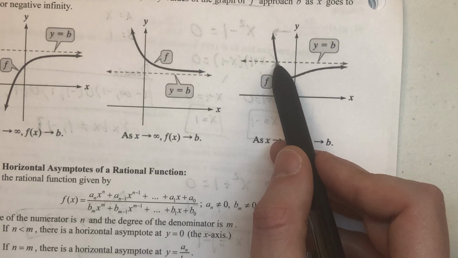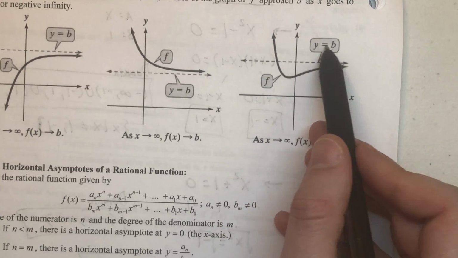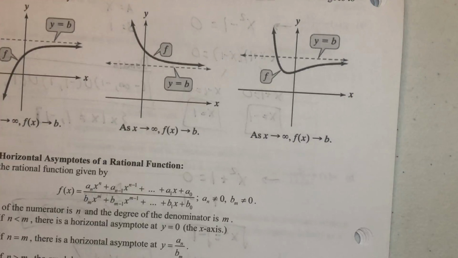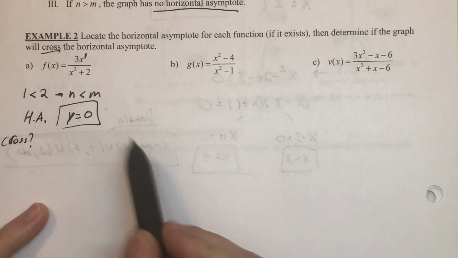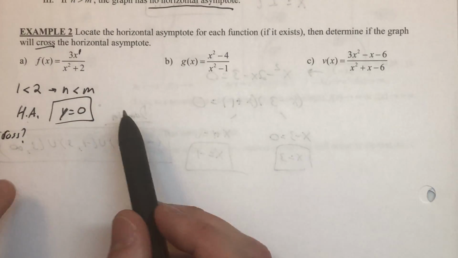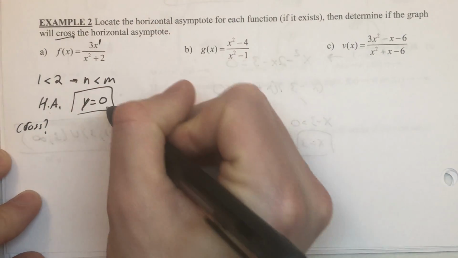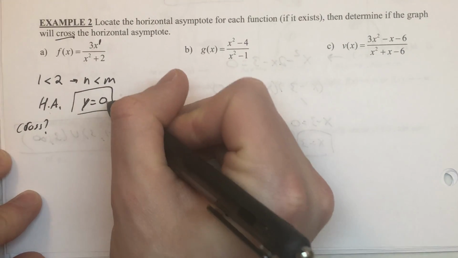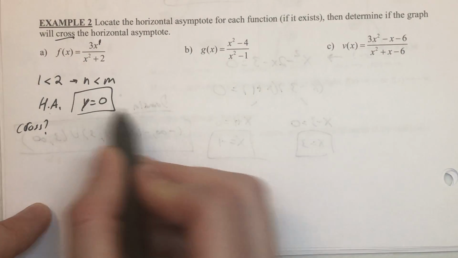We'd have a point there, meaning some x would lead to that y value. So in this first example, when the horizontal asymptote is y equals 0, the x-axis, the question of does our graph cross that line is simply a question of can this function ever equal 0? Will it ever be 0? If so, then that's where it would be crossing this horizontal line.